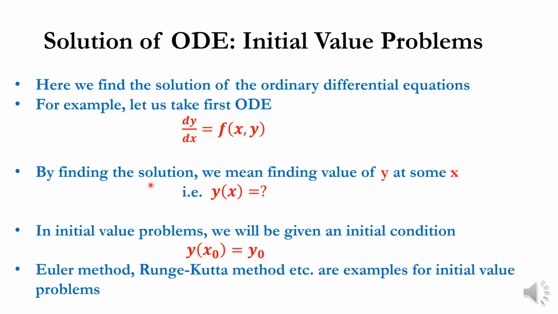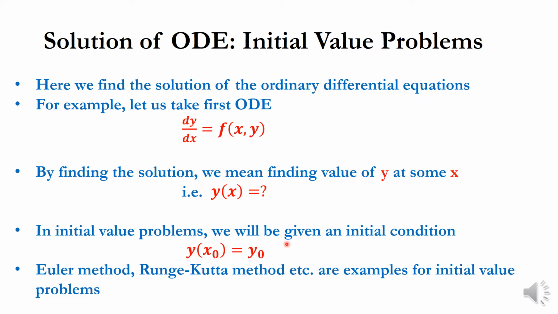By finding the solution, we mean finding the value of y at some x, that is y of x. In initial value problems, we will be given an initial condition y of x naught is equal to y naught.